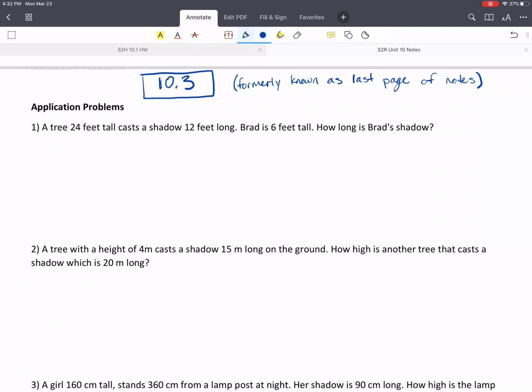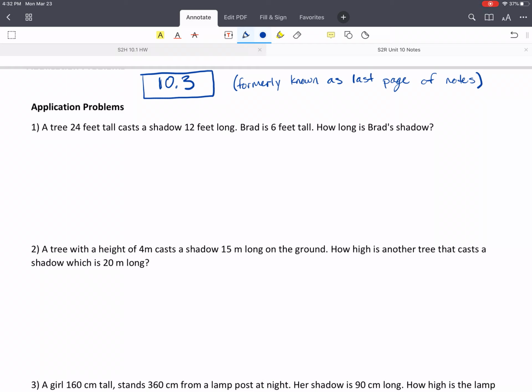If you go to 10.3 in the notes, I would say that 10.3 was the most complicated day just because there's a lot of interesting applications of similarity. But under the circumstances, all of the secondary 2 teachers decided that is a big nice to know instead of a need to know.